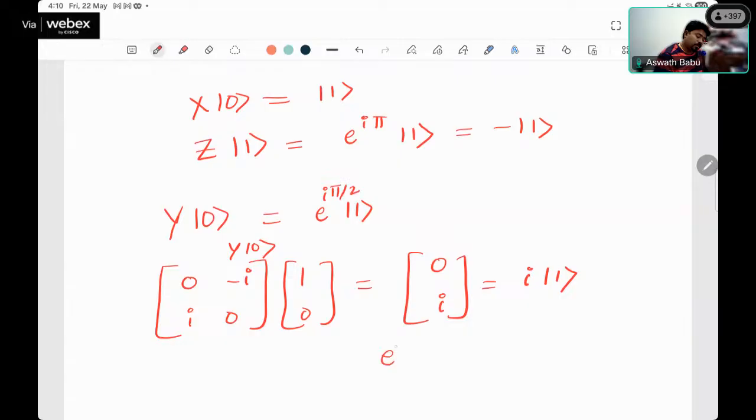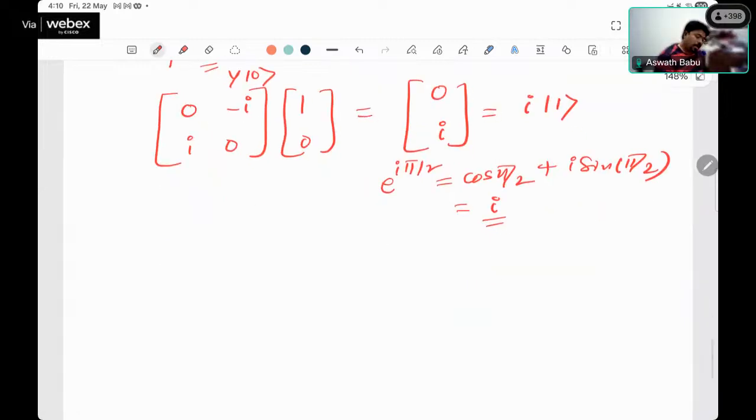What is this? i pi by 2, which is cos pi by 2 plus i sin pi by 2. So which is equal to i. Okay. So the Y gate adds a phase of pi by 2 to whatever state on which it is acted.